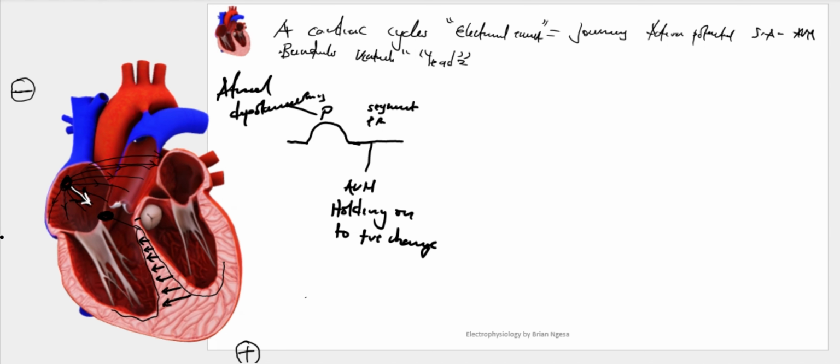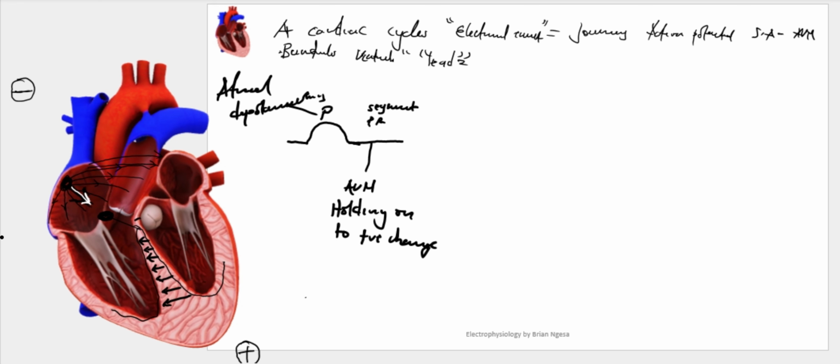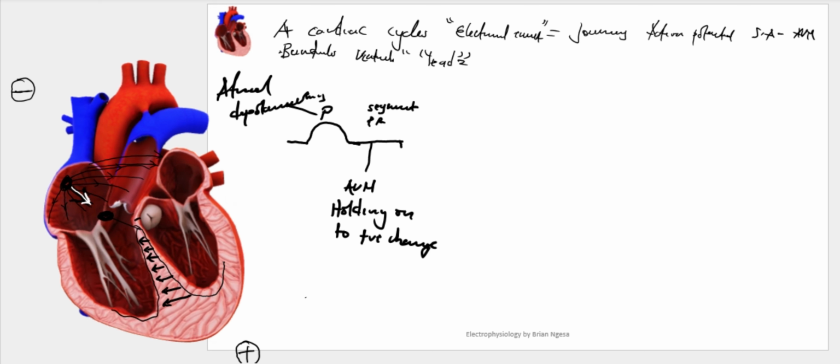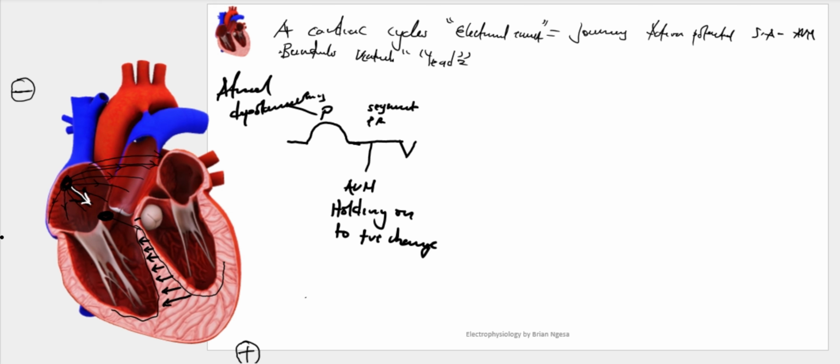If you jot this direction very well, it will seem as though the positive charges are moving away from the positive charges. So what kind of curve do you anticipate? You expect a downward deflection, and a downward deflection gives us our famous Q wave. Right here, the Q wave.